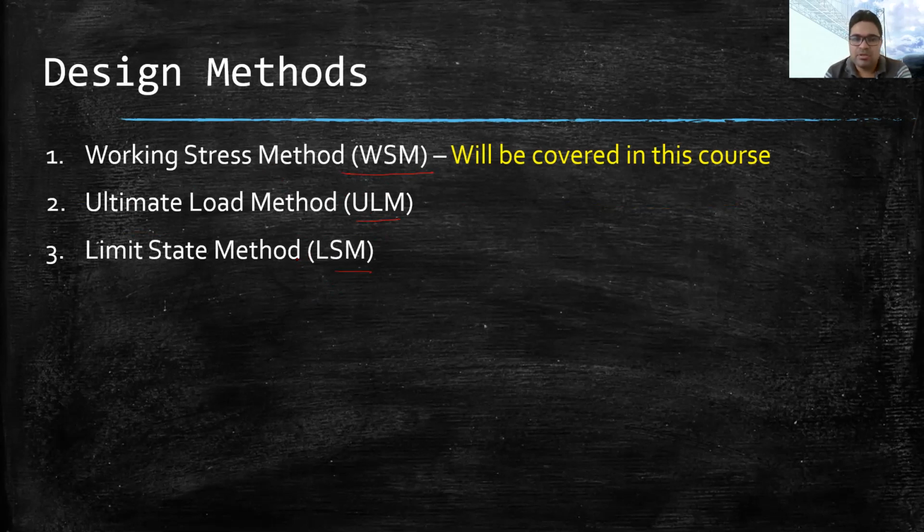Nowadays most of the structures are designed using the limit state method. I will be discussing the limit state method in detail in the next course, next semester. If you want to know more about all three methods, you can refer again to lecture 2, where I have discussed all three methods in detail. Here in this course, I will be discussing the working stress method only.